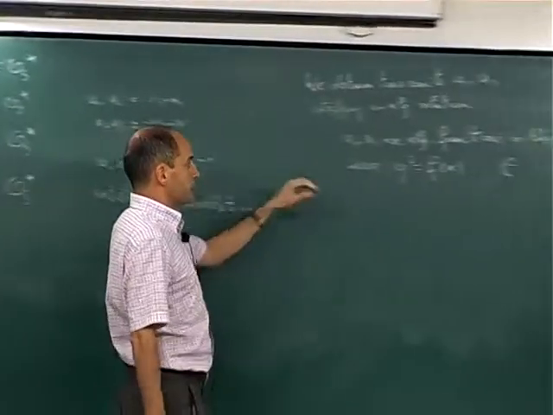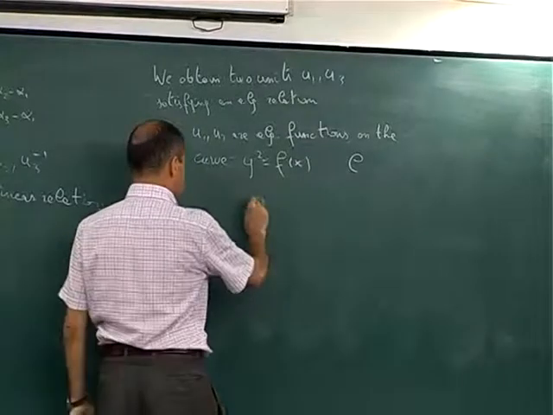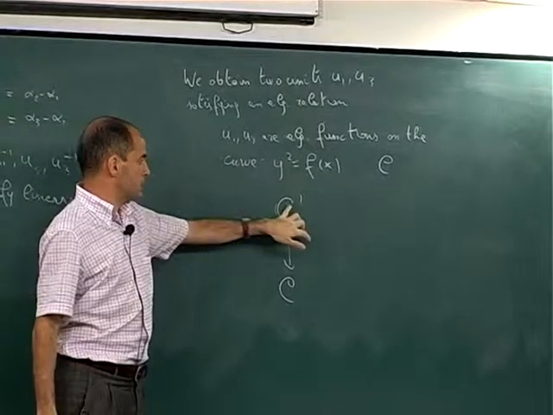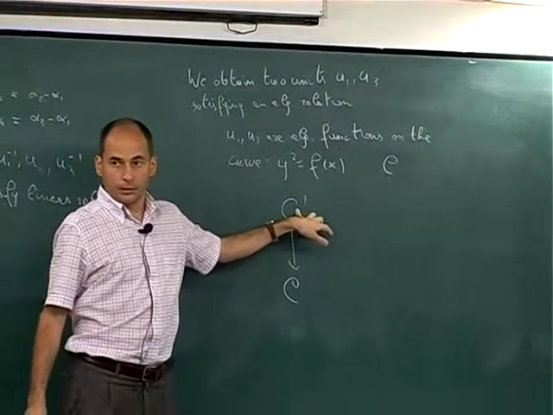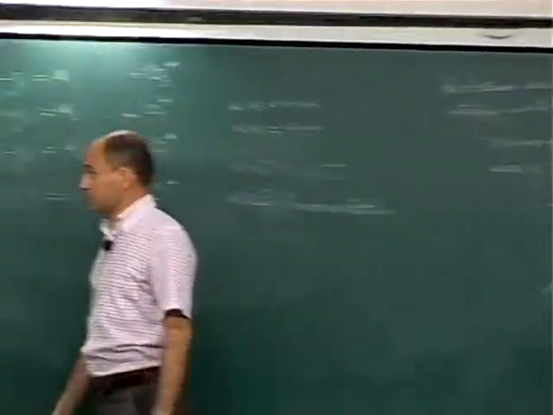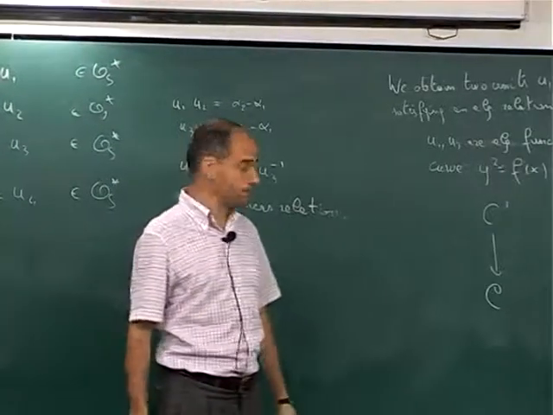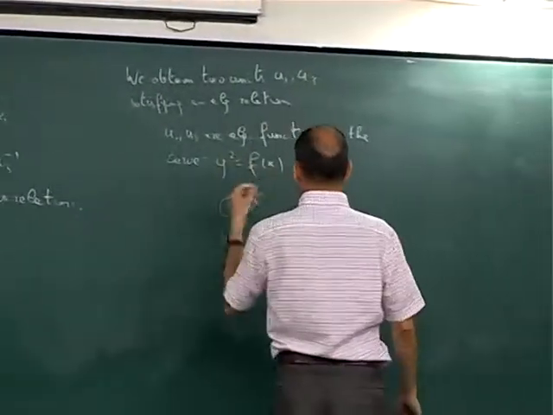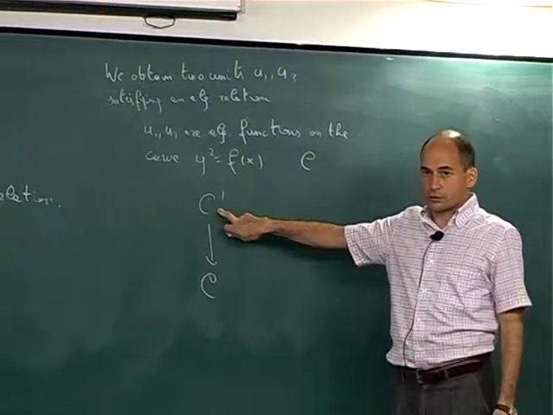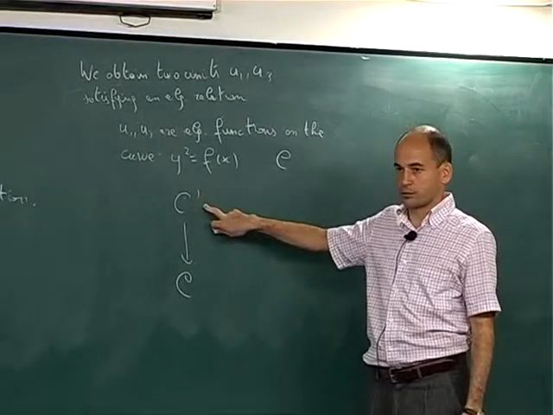So it means that they are rational functions on another curve which dominates C. So we have a cover, C prime, whose function field is obtained from the function field of C by adding the square roots of x minus alpha 1, x minus alpha 2, x minus alpha 3. And u1, u3 can be viewed as regular functions on C prime.